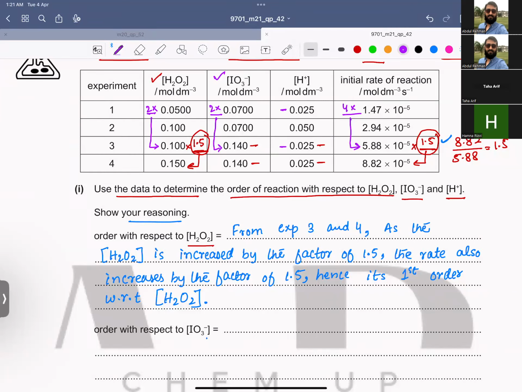So I can write that it is 2 times the rate changing due to the concentration of H2O2 and 2 times due to the concentration change in iodate. So the change is again the same for the concentration of iodate and the rate. So it's first order again.